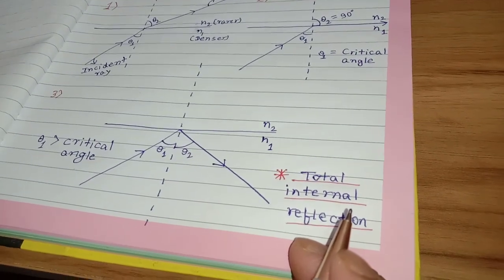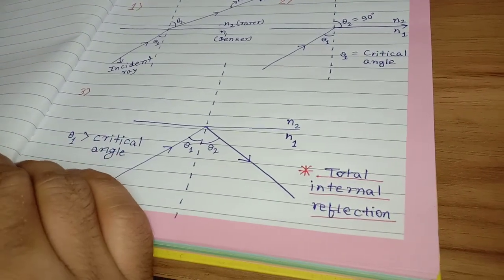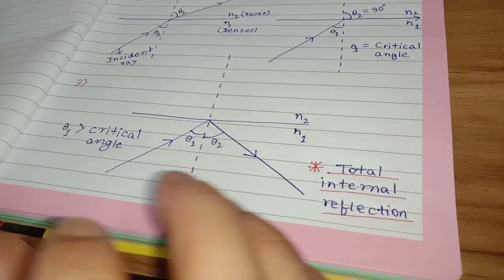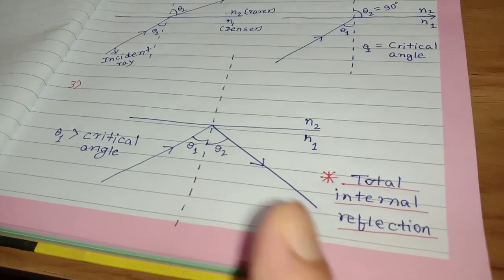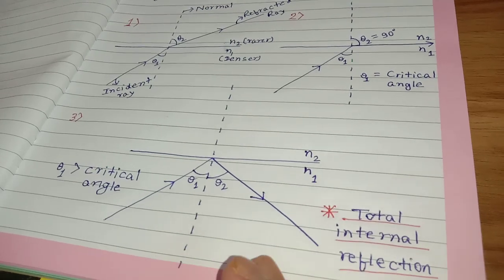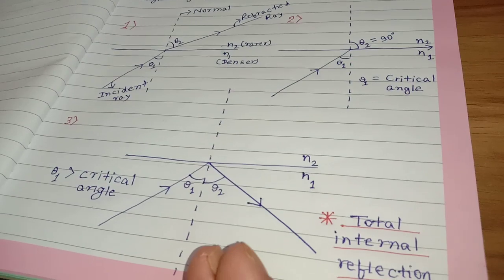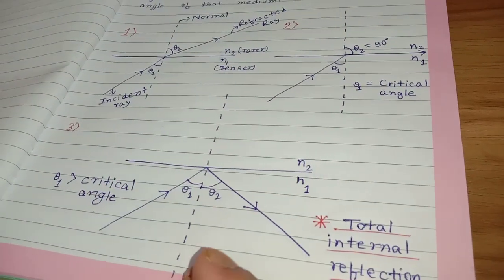Now you can ask me, what is the advantage of total internal reflection? You must have seen that diamonds shine a lot. A normal glass doesn't shine much, but diamonds shine a lot. It doesn't mean that the diamond itself shines when it is found from below the earth.